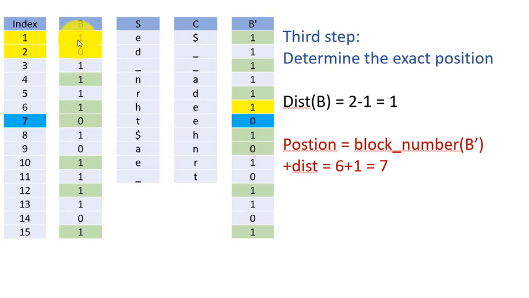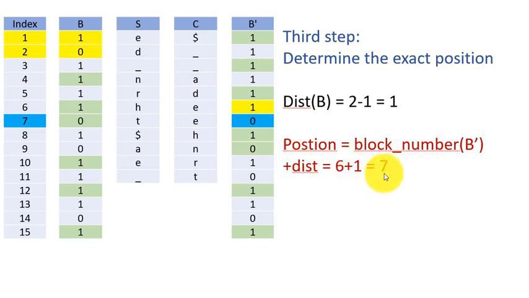So 2 minus 1, the distance should be 1 in column B. And then for the position that we would like to find out, we look at column B prime. The block number here should be 6, plus the distance, which is calculated as 1. So 6, the starting position in B prime, plus the distance should be 7.